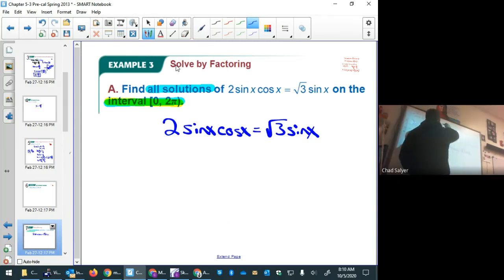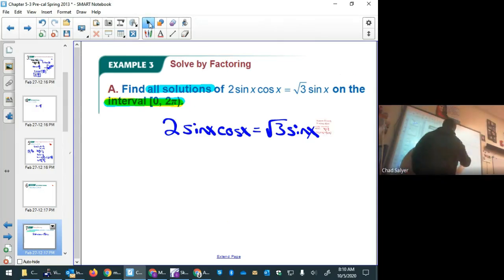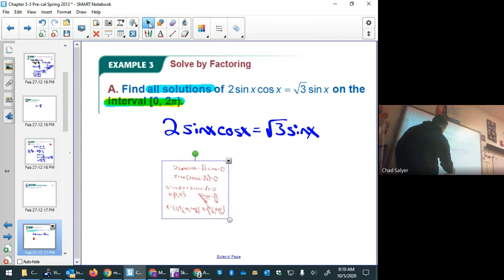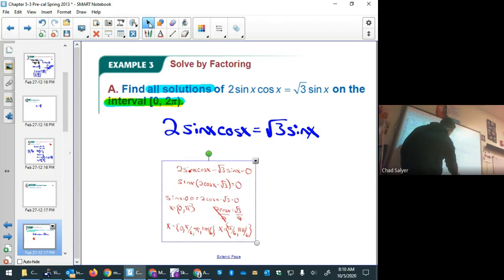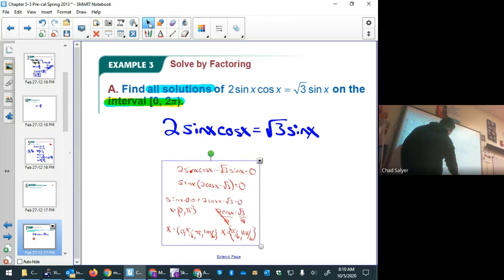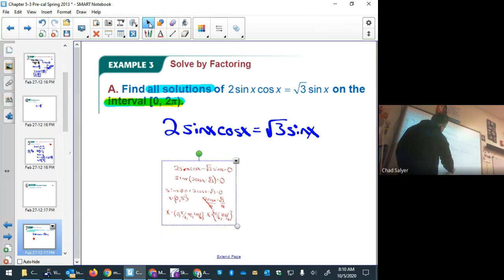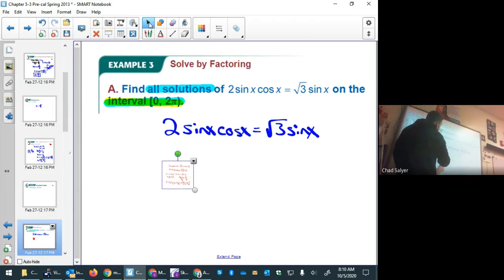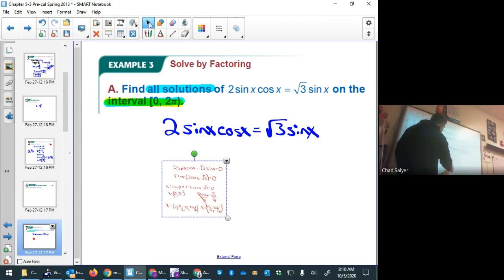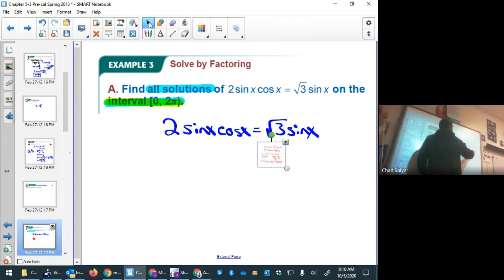So there's a couple ways I can go about it. Let's see what the most efficient way is here. Oh, okay, just factorization. Yeah, okay, so each term has a sine.